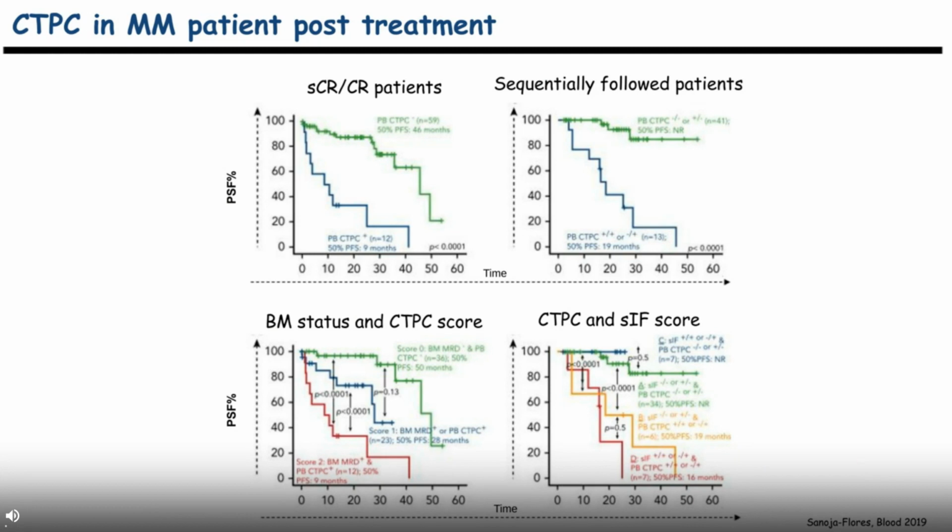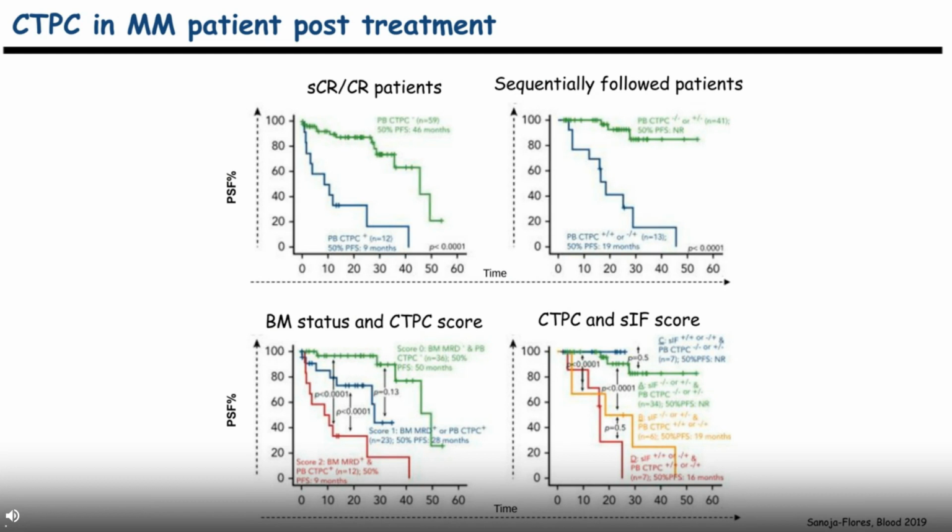So, per se, circulating tumor plasma cells have prognostic implications. Finally, in this group of patients, serum immunofixation results have had no additional impact over the prognostication power of the circulating tumor plasma cell status.